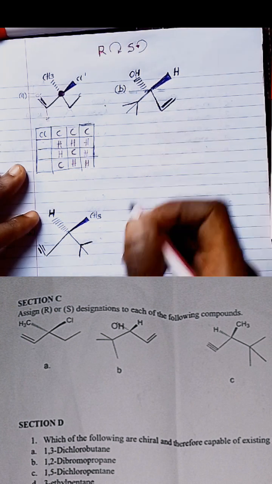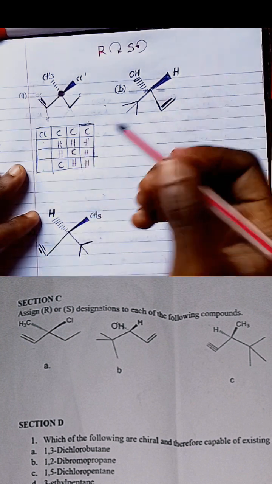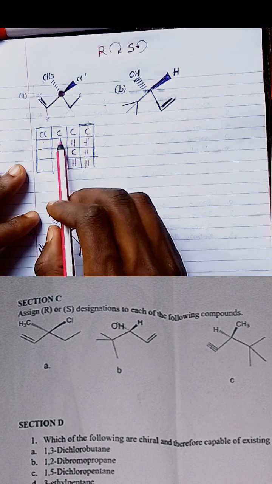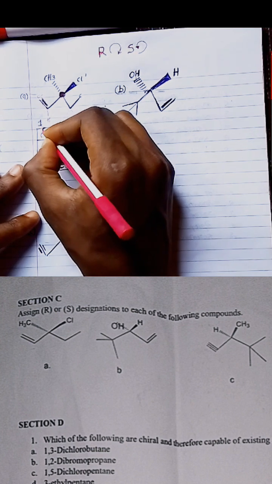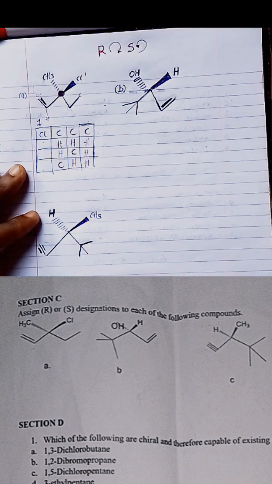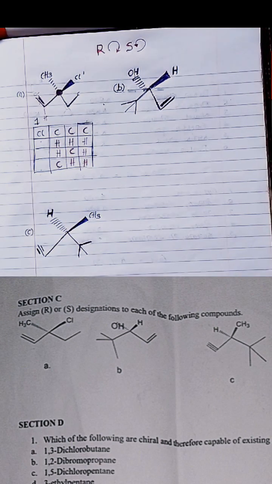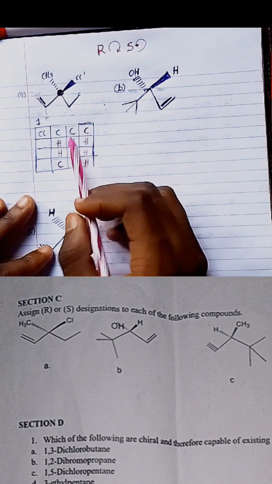So the first thing I need to consider is, when I look at my first row, which has the highest molecular mass? Chlorine should be roughly 35, carbon 12, right? So this should get first priority because it is the heaviest, right? And then when I analyze these elements here, they are all carbon, so the molecular mass is the same.